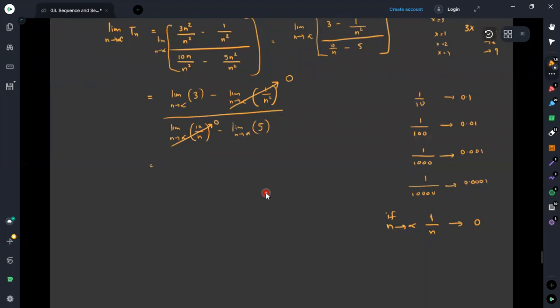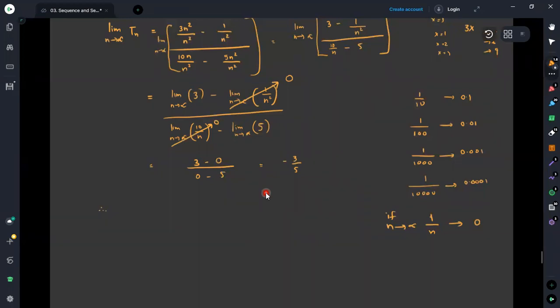But if it is a constant, it is not affected by the value of the variable. Therefore, this will remain as 3, and we have 3 minus 0, then 0, then minus 5, which equals minus 3 over 5. Now we can see that it is a finite value.